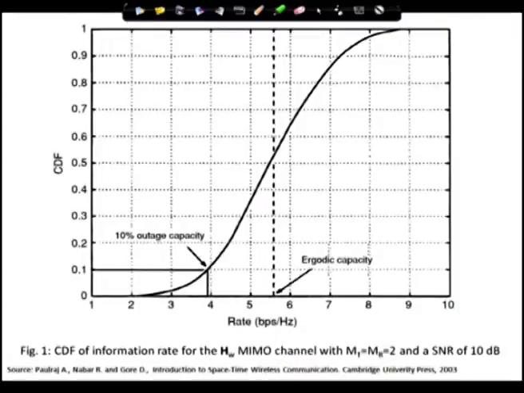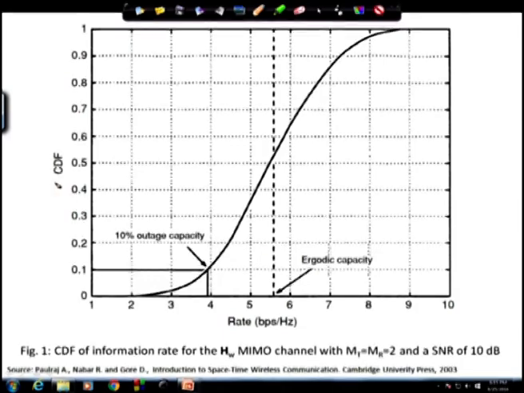So now we take a look at the outage capacity. We have seen this particular figure before, because C is random, as we have said. The capacity would be described more by its distribution, and at some point which is the 10 percentile or p percentile, we would say the corresponding value of capacity is the outage capacity, C out.